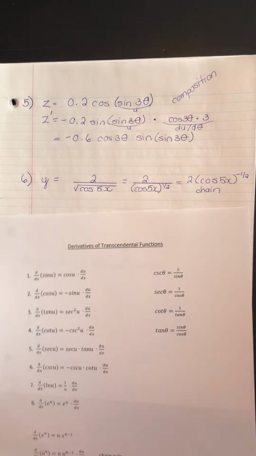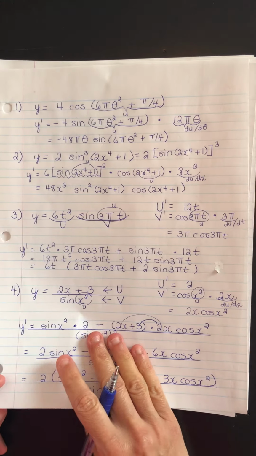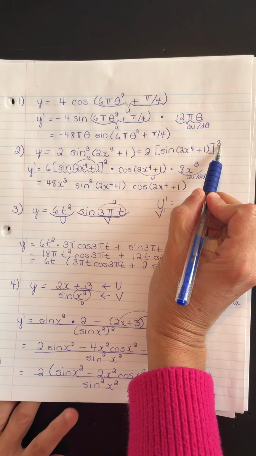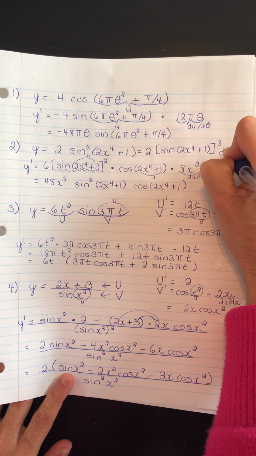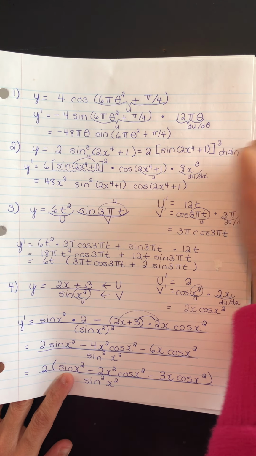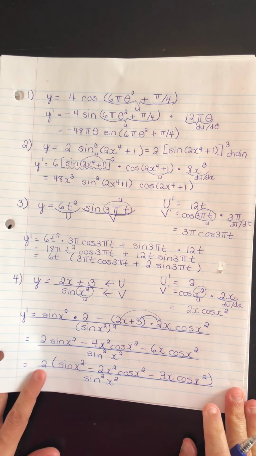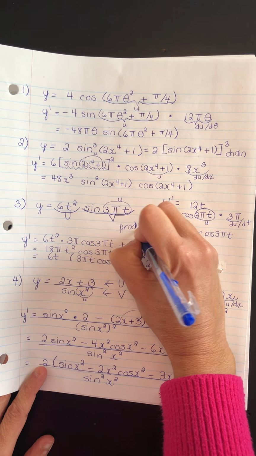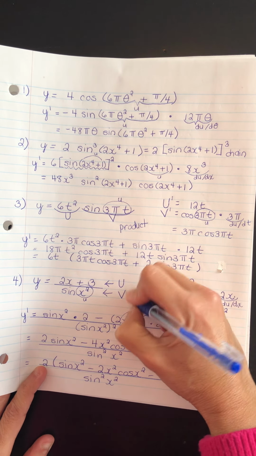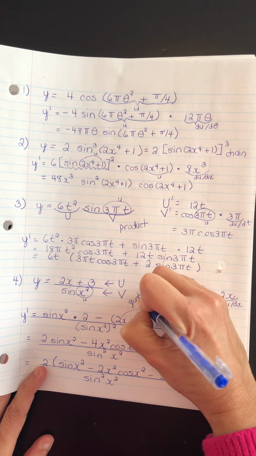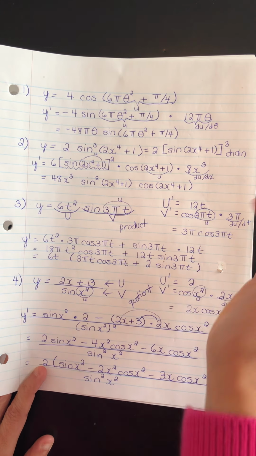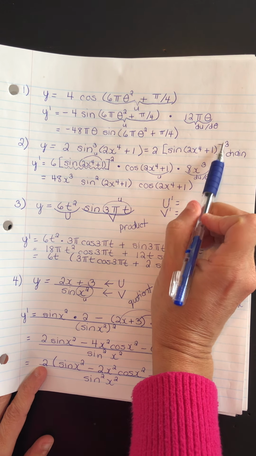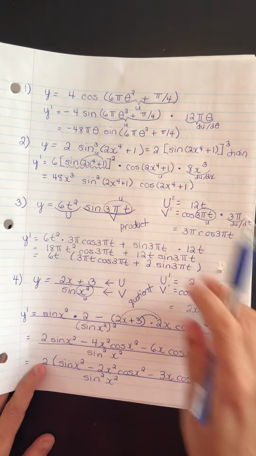Okay, so where else did we use the chain rule? Here, once we had this, right, with the outside external exponent here, we use the chain rule. Okay, number 3 was a product rule. Number 4 was a quotient rule. But yeah, the chain rule is when you have the whole function in the bracket with an external exponent, like number 2.